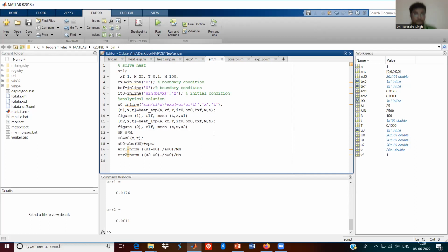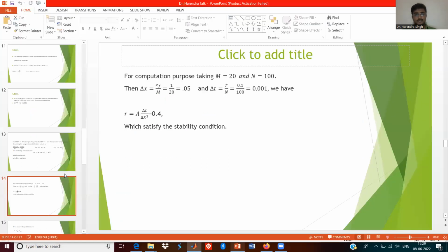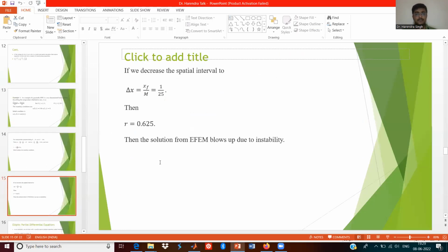So I have discussed both schemes, and you can follow whichever suits your problem. The calculation I have shown says the solution for the Euler forward method blows up due to instability, because we have taken m equal to 25, so R equals 0.625.